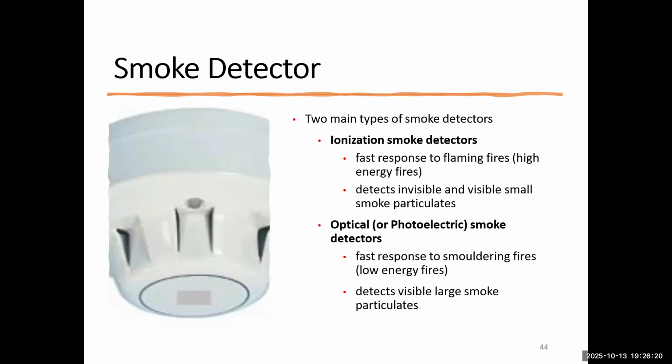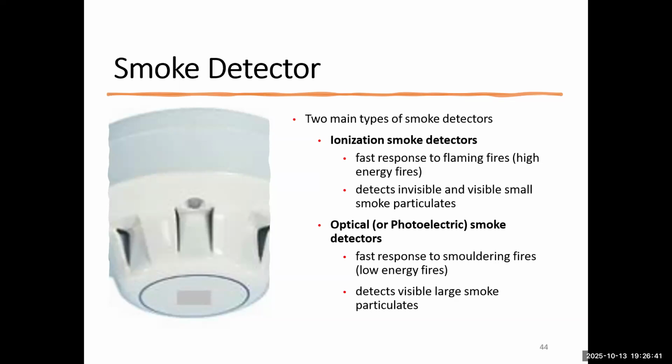The first one is the ionization smoke detector, which has a very fast response to flaming fire or high energy fire, and it can detect invisible and visible small smoke particles.